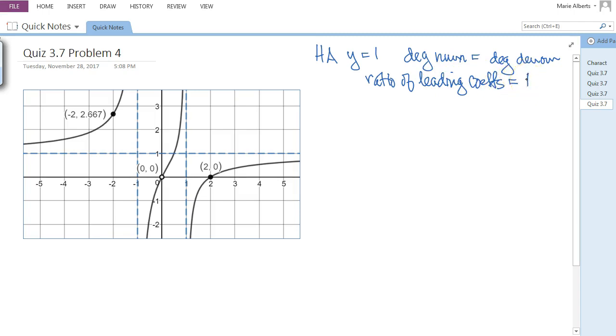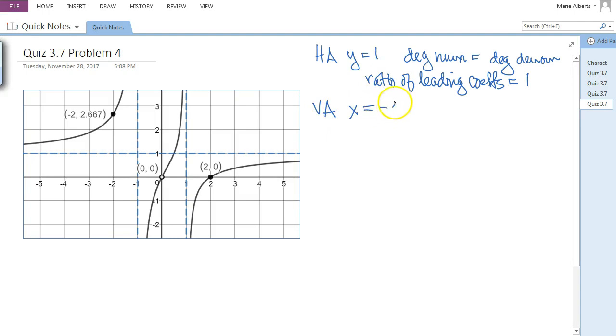Okay. I'm wondering, do we have some symmetry here? No, I don't think we do. Symmetry's nice, but we don't happen to have it here.